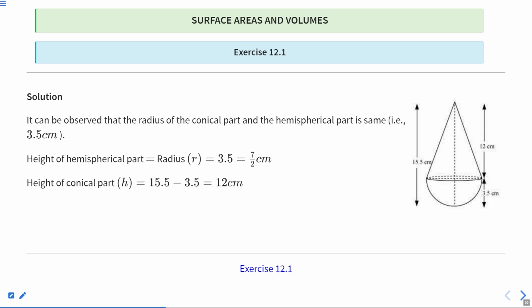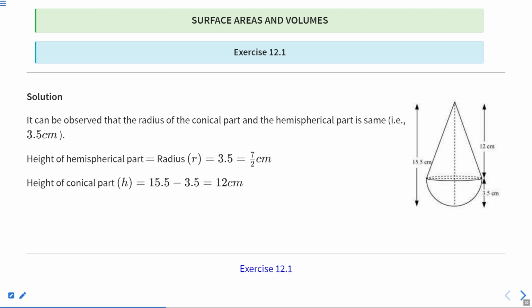Now the height of the conical part h is equal to the total height of the toy minus the height of the hemispherical part. Here the total height is 15.5 centimeter, and the height of the hemispherical part is 3.5 centimeter.